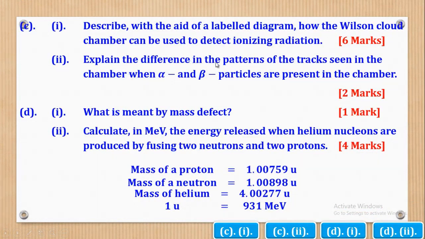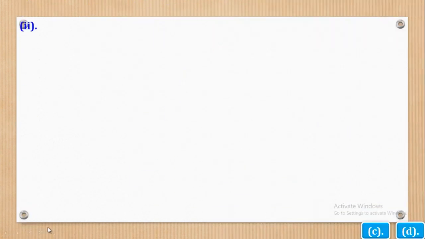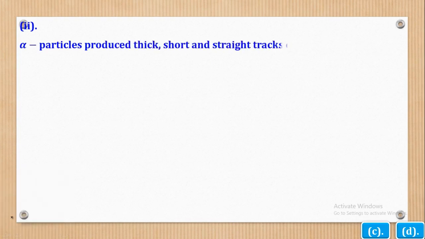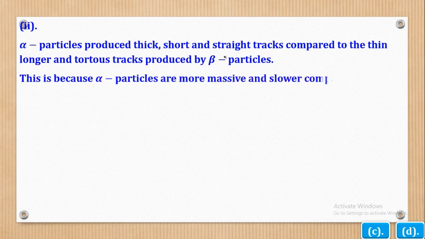Explain the difference in the patterns of the tracks seen in the chamber when alpha and beta particles are present in the chamber. So here comes that alpha particles produce thick, short and straight tracks compared to thin, long and tortuous tracks produced by beta particles.